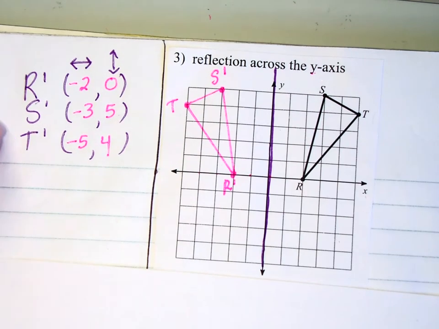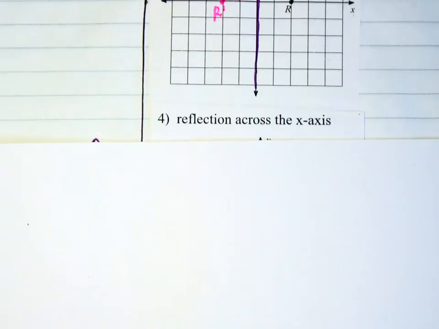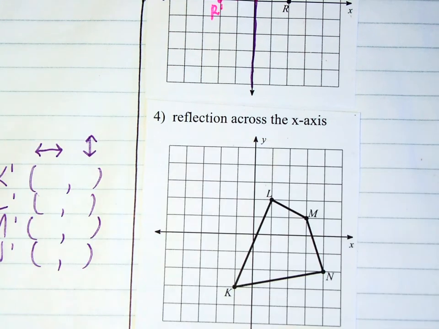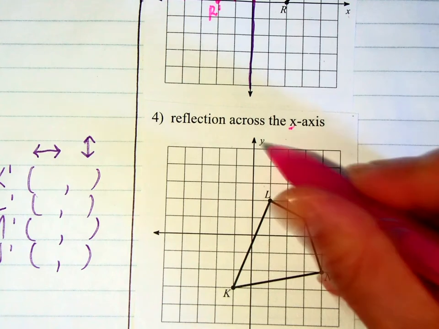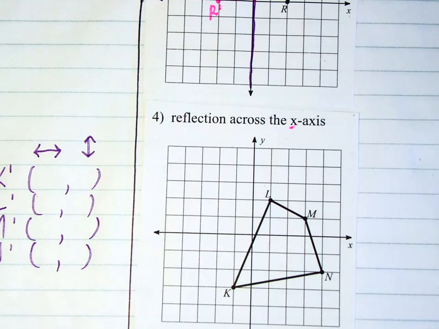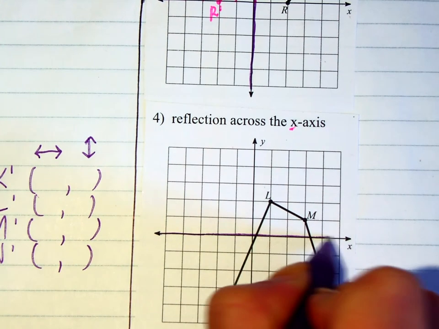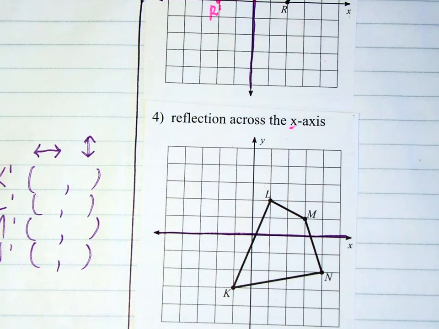Right? Okay. This one is asking us to do a reflection across the x-axis. That means you need to look for the axis that has the letter X, which happens to be this one. So we're going to darken the x-axis, okay, with our purple. And now we're going to reflect each point.